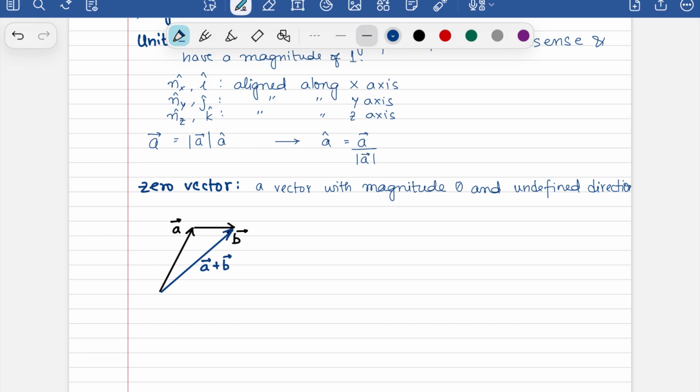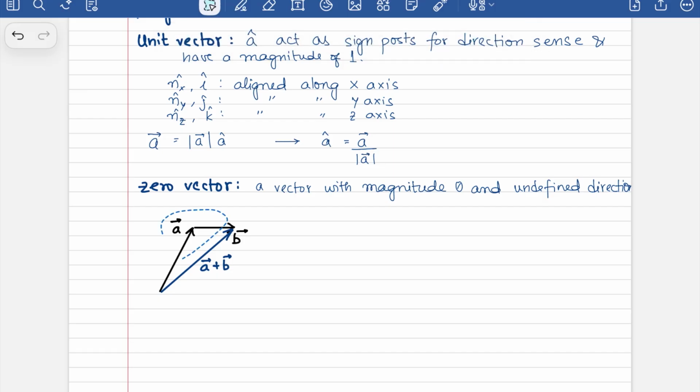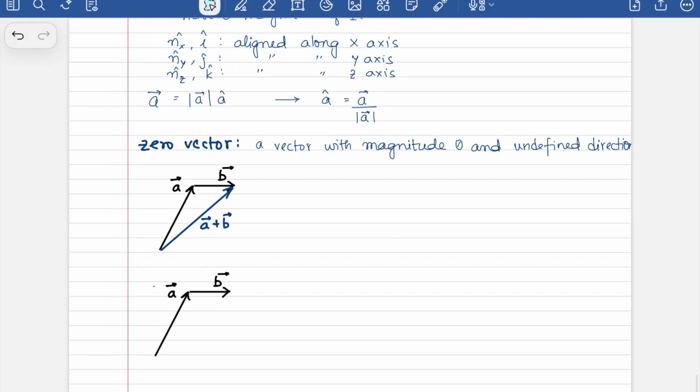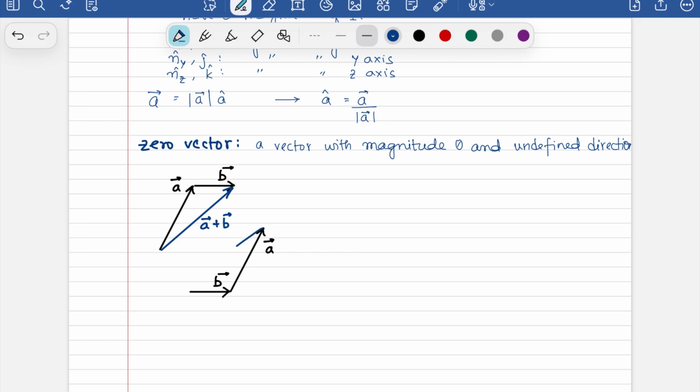What if I were to do b vector plus a vector? Okay, let's see about that. So I'm trying to do b vector plus a vector. That is still tail of one touching the tip of the other. And if I were to draw the resulting vector that's shown here, this here is the same as a vector plus b vector.